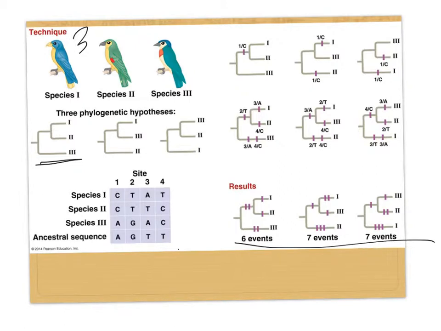Well, if we say that also for species 2, there were also 3 events that had to happen, we can put those together and say that 2 of those events happened to both of them, and then 1 event is different, and that's where they split off. Whereas species 3 just has 2 events that changed it from its ancestor. Okay, so these 2 are the same, these 2 are not. So that's how they came up with that hypothesis.